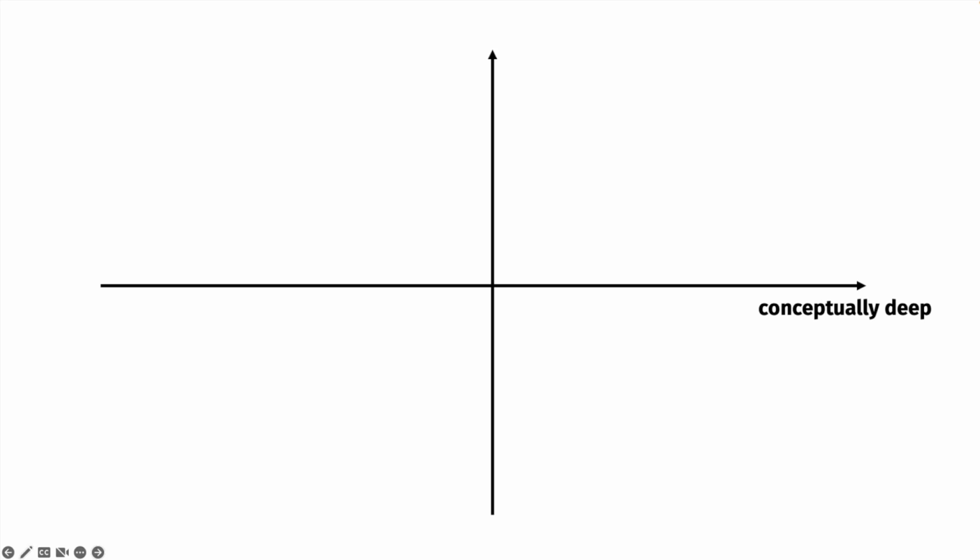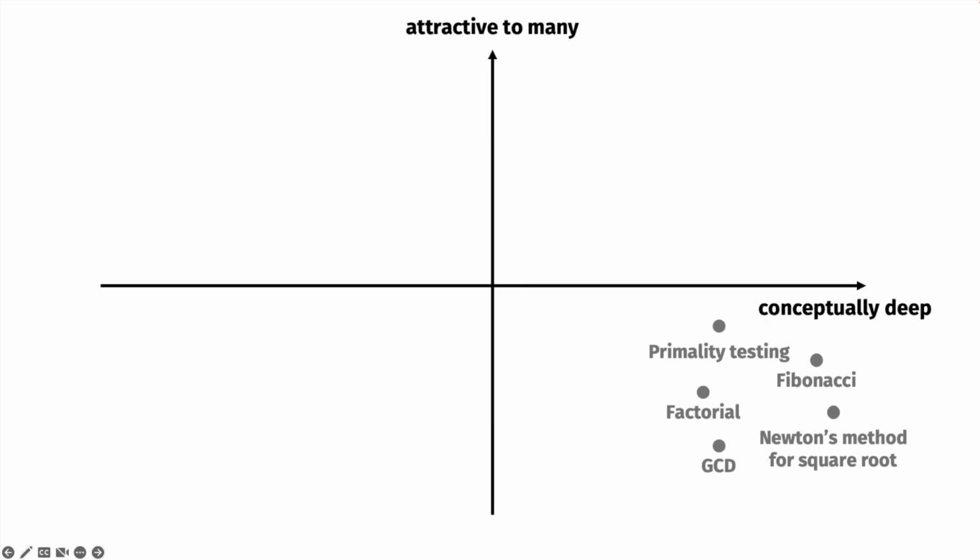Is it exercising the right concepts we want to address? And on the other axis, how attractive this is to the majority of the high school population. And I guess we can probably agree that many of these exercises fit into this quadrant. They seem to be somewhat conceptually deep, but not super attractive, except for the ones who are already into math. So we need to come up with something better.